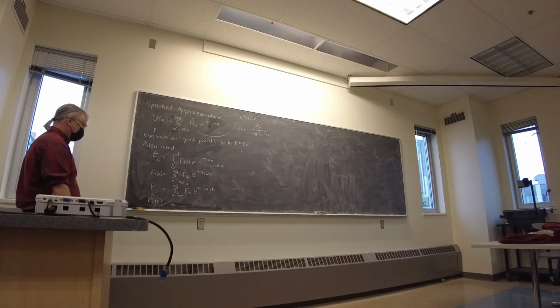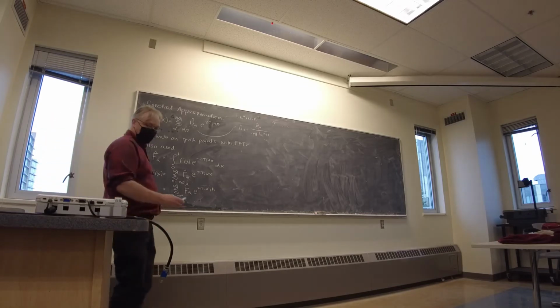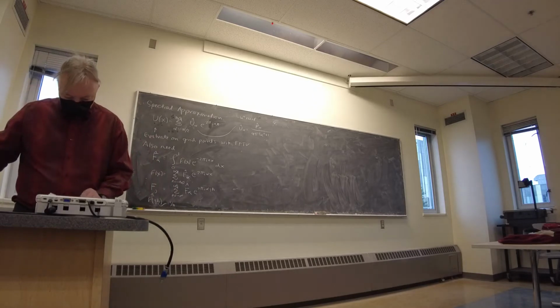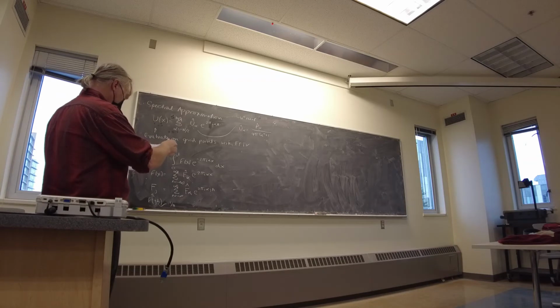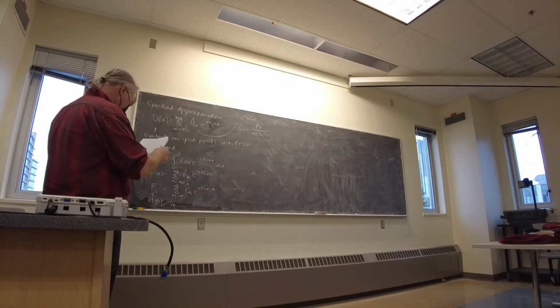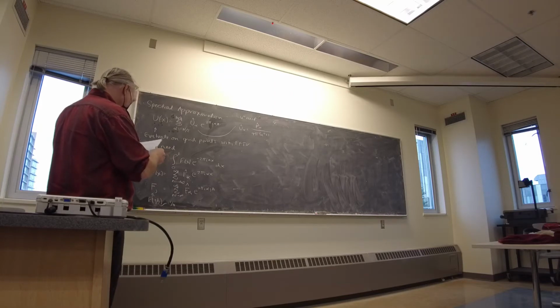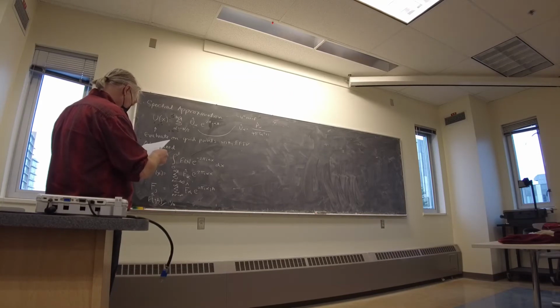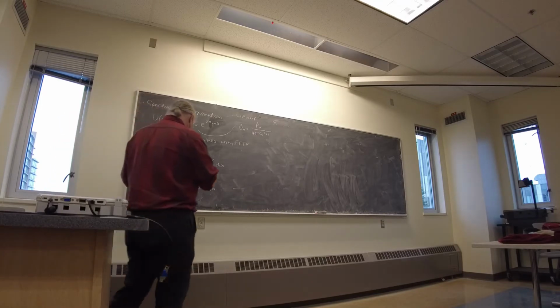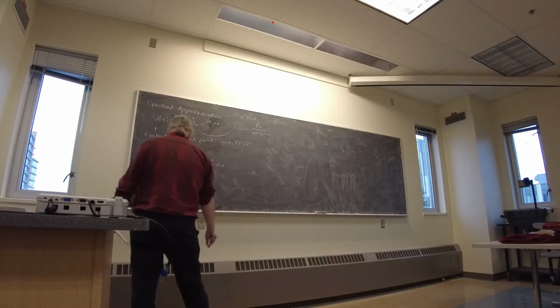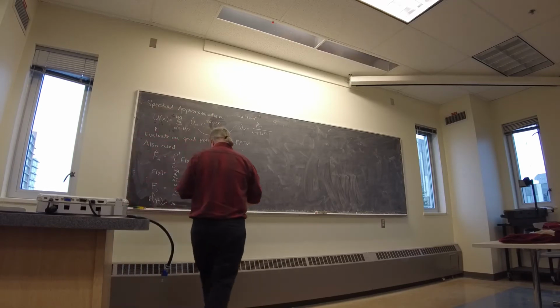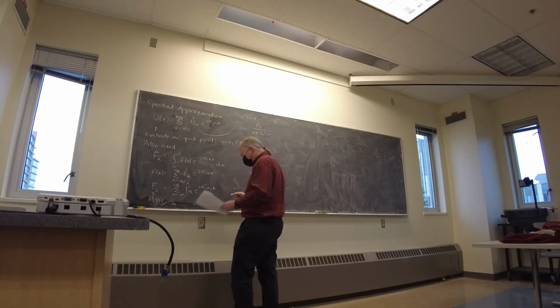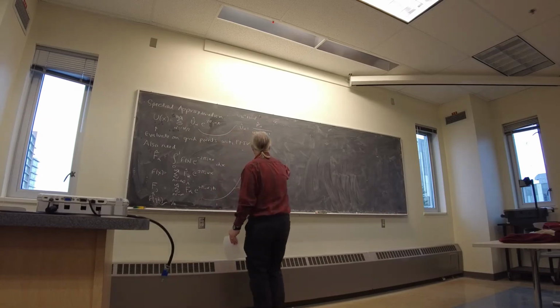Okay, let's just think about that for a minute. Let me refer to my notes so I can try and get this right. Oh, there's some tricky way to look at this, which I'm missing.